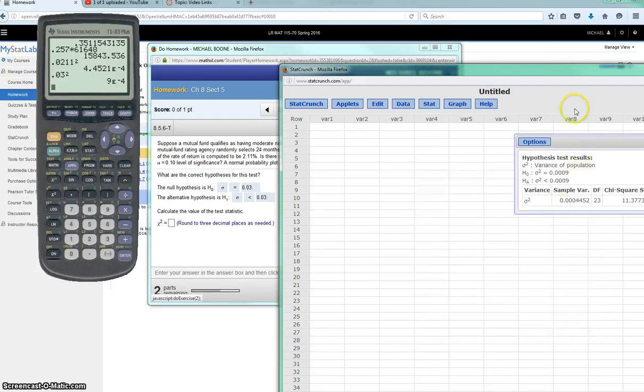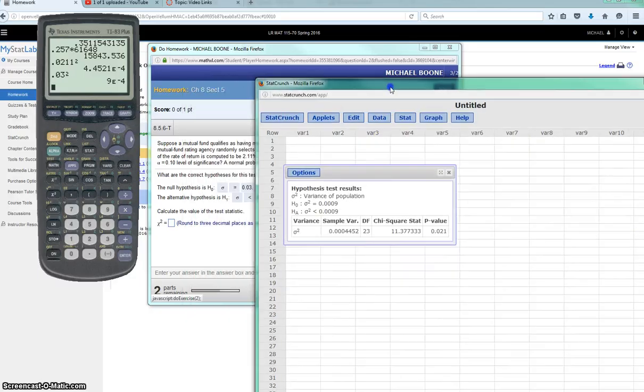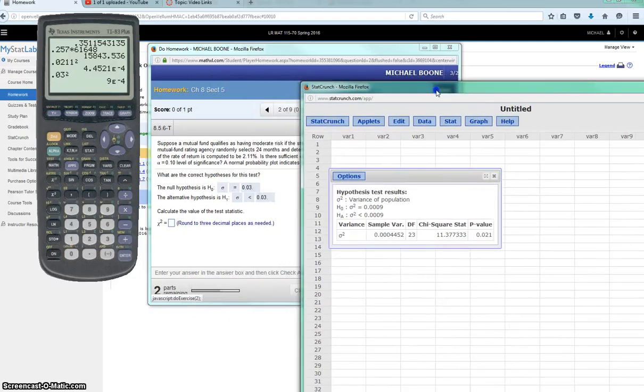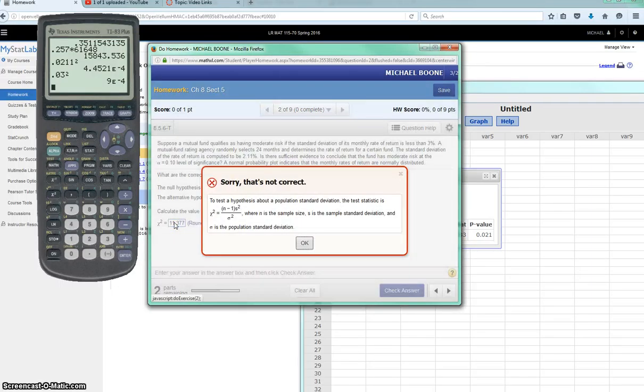So once we have all that in, we have our test statistic, right? Here's my chi-squared test statistic. It says round to 3 decimal places, so 11.377. And that's not correct.